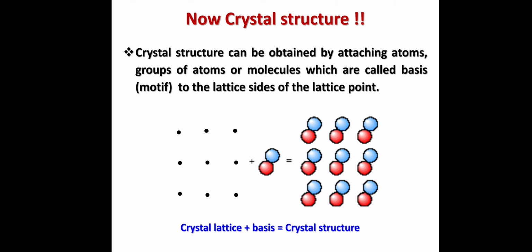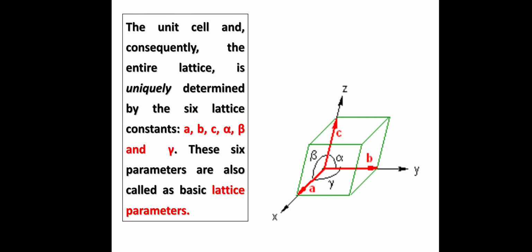It can be obtained by attaching atoms, groups of atoms, or molecules, which are called the basis, to the lattice sites of the lattice points. That is again the very basic equation: crystal lattice or space lattice, along with a group of atoms attached to these lattice points, will give you a crystal structure.